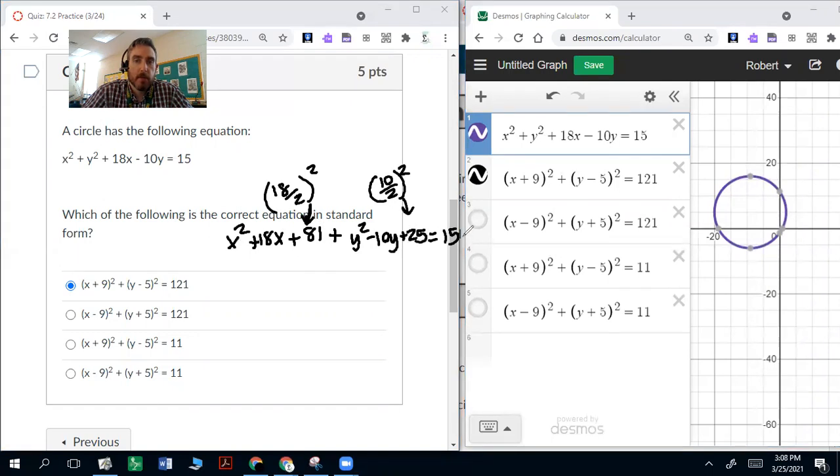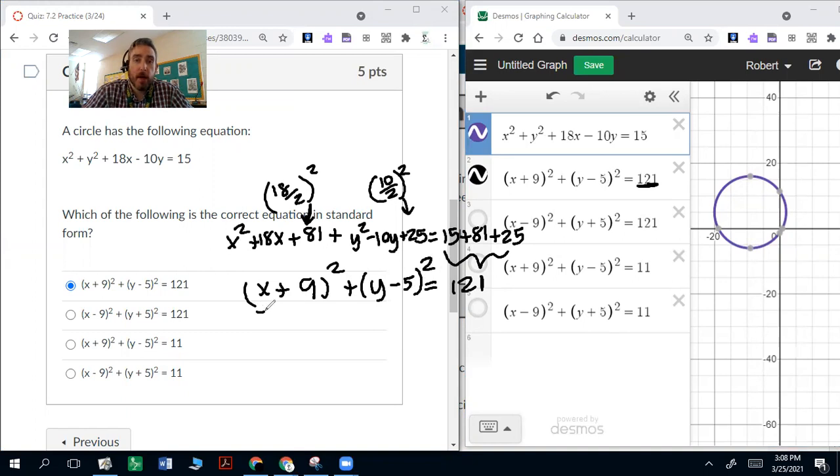We're going to copy those over here. So 15 plus 81 plus 25. Combine those three numbers and you're going to get 121. Factor these two groups and you're going to get x plus 9 squared, 18 divided by 2, and y minus 5 squared. So you can get that by hand.